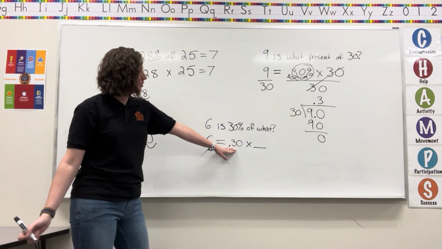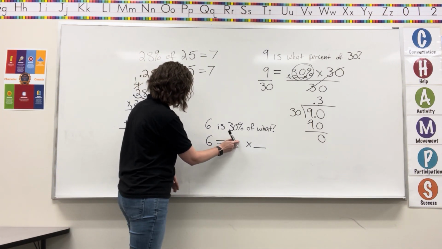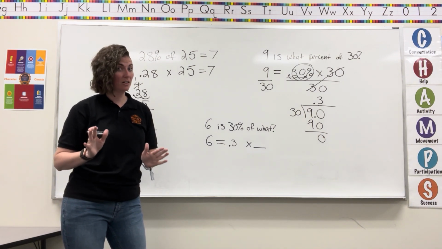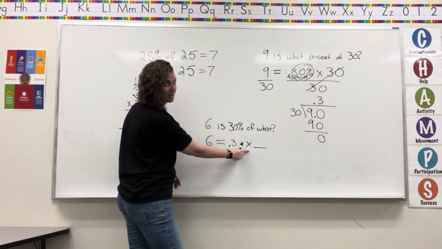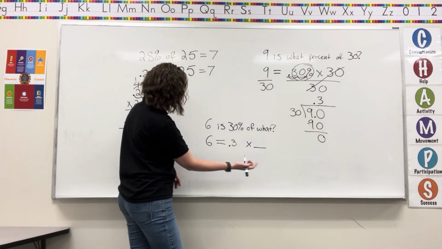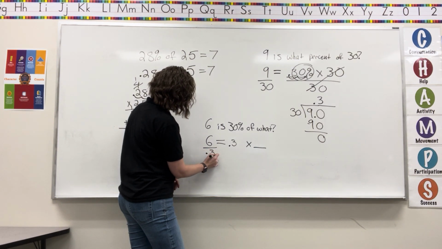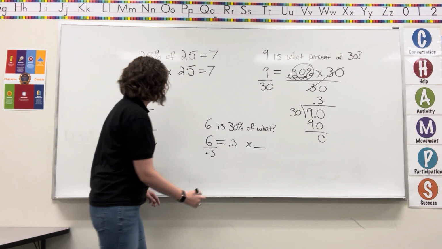So you could have written it as 30 hundredths or as 3/10. Both are correct. So we're going to do the inverse operation. Opposite of multiplication is division. So 6 divided by 3/10 or 30 hundredths. So 6 divided by 3/10.